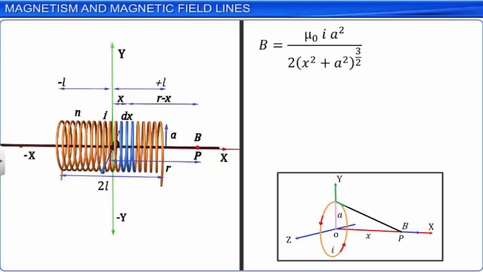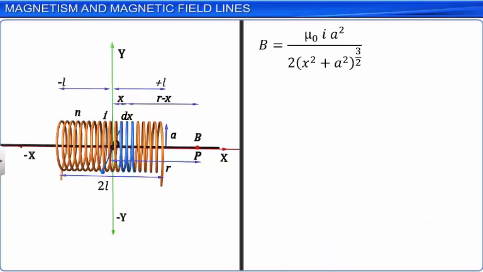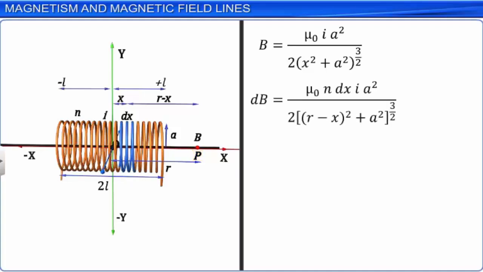Thus, the magnetic induction due to the current passing through the small element of the solenoid at the point P on the axial line, dB, is equal to μ0 n dx I a² by 2 times ((R − x)² + a²) to the power 3/2.